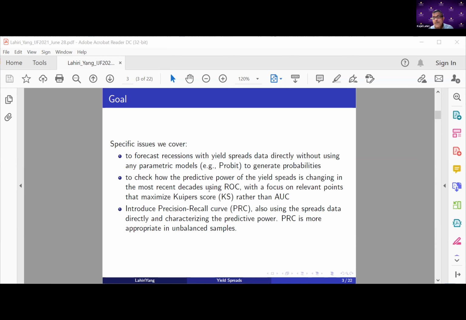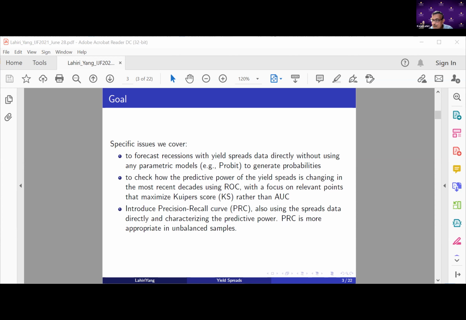So whether you work with the probability prediction or the predictor directly makes no difference on the ROC graph. But the advantage is that in the street, people look at inversion of the yield curve, right? That means they are looking at the actual value. So that way we are being useful to the actual analysts who are not running models.